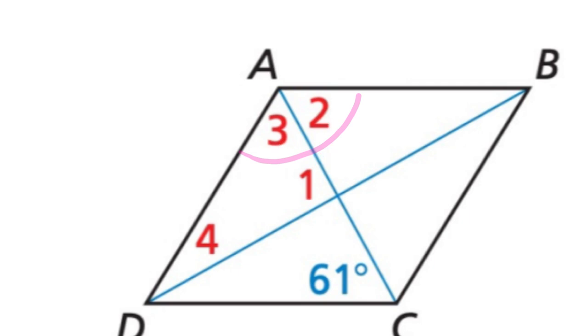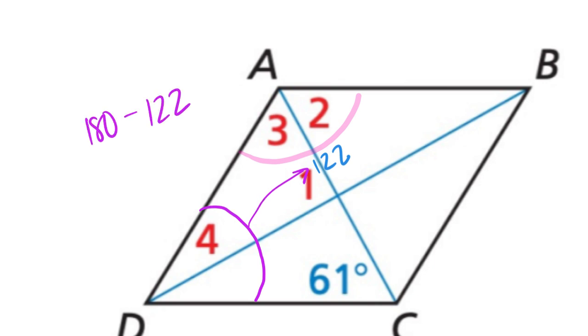That means that this whole thing down here would have to be supplementary to that. So what you could do is just do 180 minus 122, and that would get you the measure of this angle down here. So that would be 58 degrees, right? But remember, that's the whole angle. So if you wanted angle 4, you would just have to split that in half. So that means each of these would be 29.